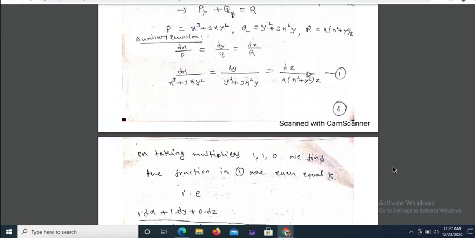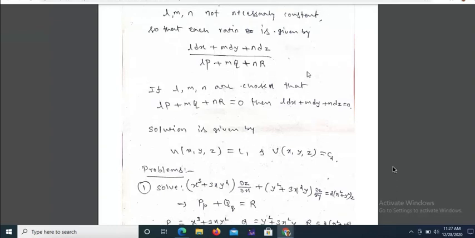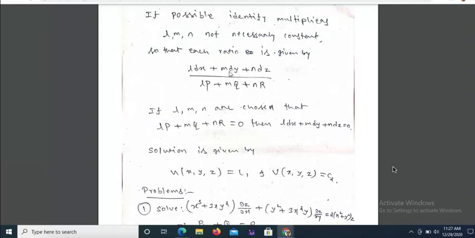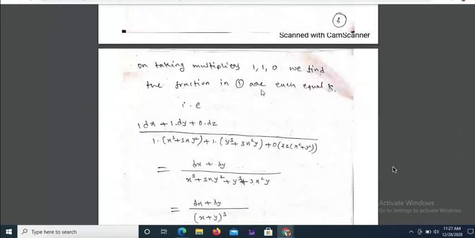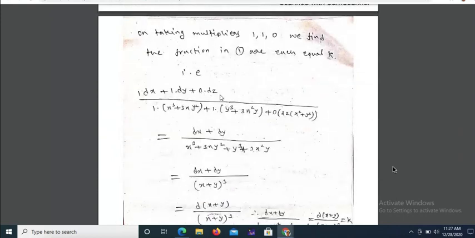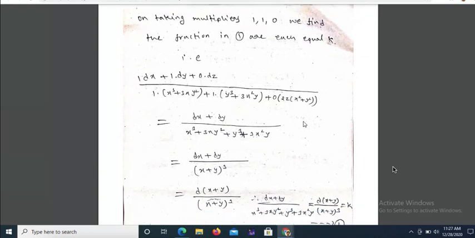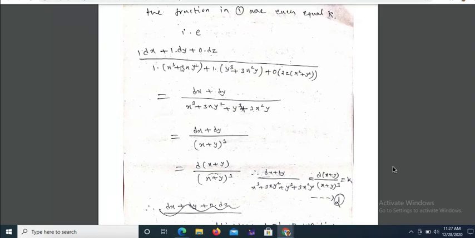So if you have chosen l, m, n, you are able to write like this: l dx plus m dy plus n dz divided by lP plus mQ plus nR. Substitute the l, m, n values 1, 1, 0: 1 dx plus 1 dy plus 0 dz divided by lP plus mQ plus nR. So 0 into this term is 0, so only these two terms are written: x cube plus 3x square y plus 3xy square plus y cube.